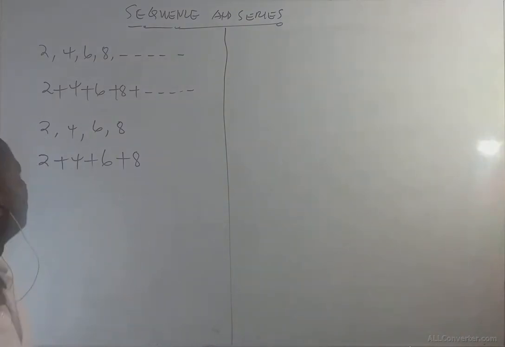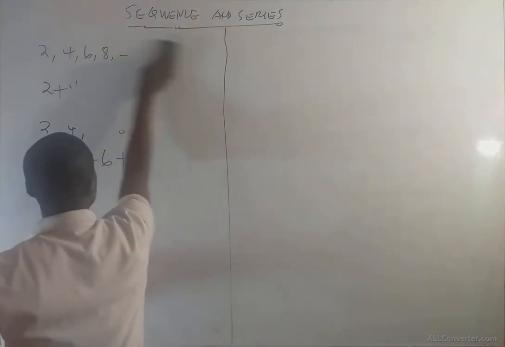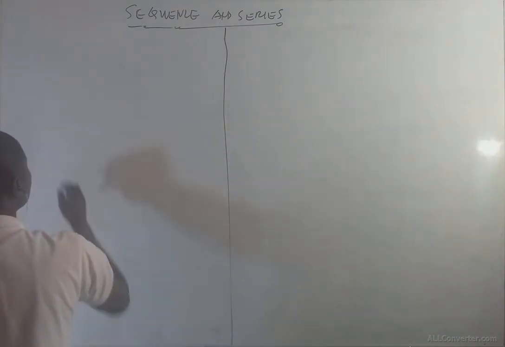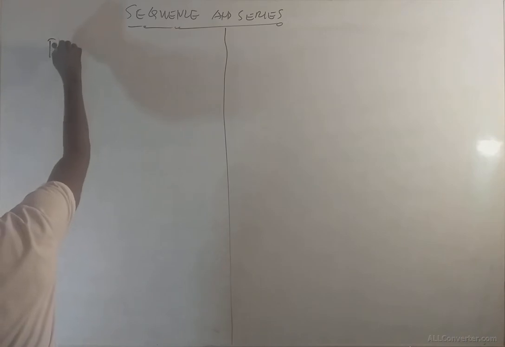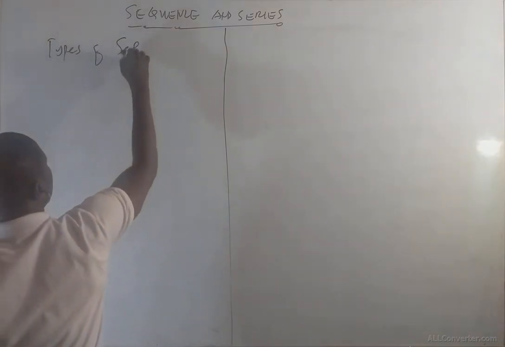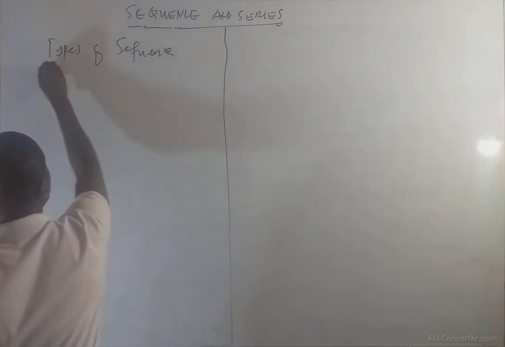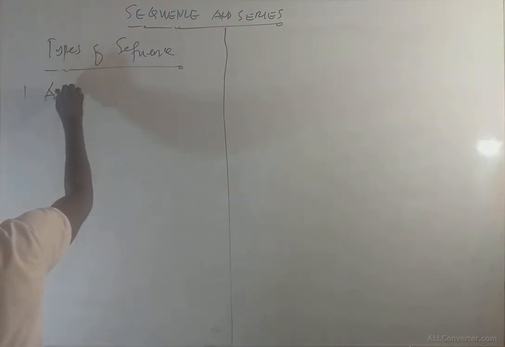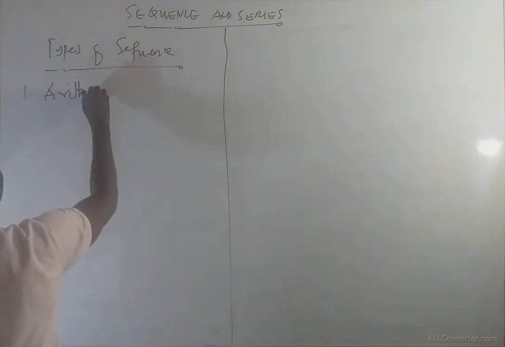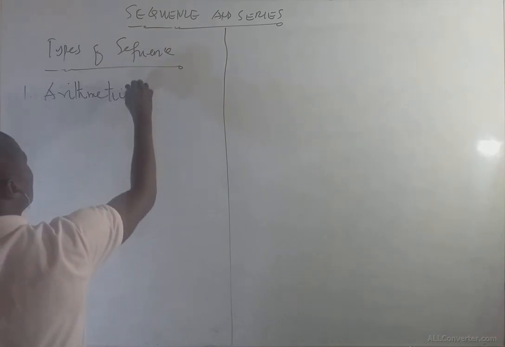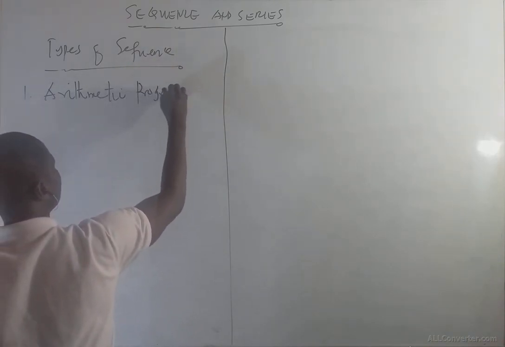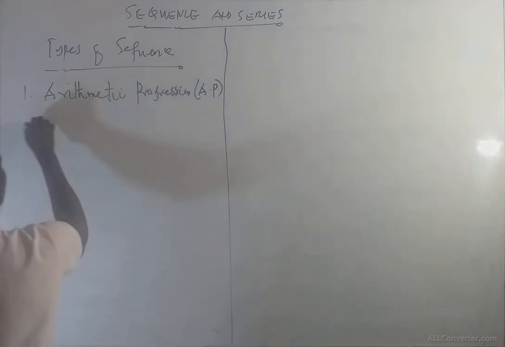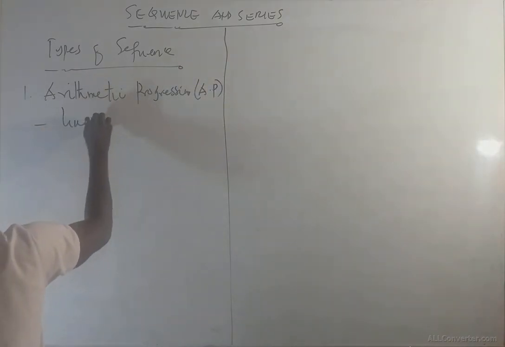Now, let's consider something. We are going to consider types of sequence. The types of sequence we are going to consider here are the arithmetic progression, which we also call the AP, or the linear sequence.